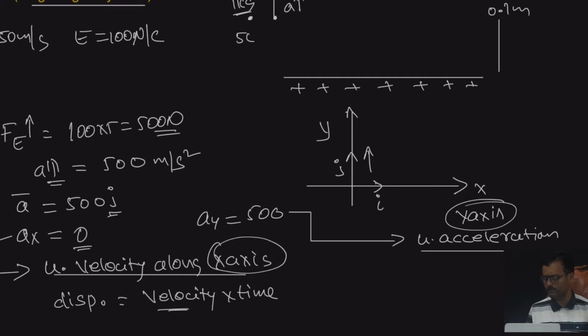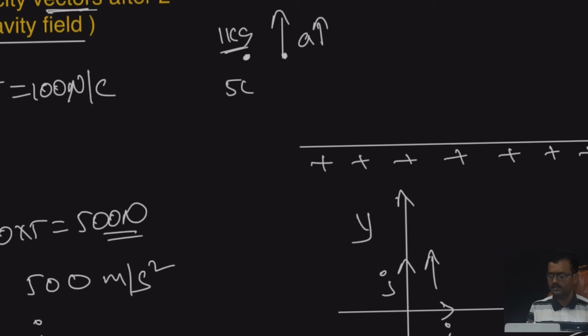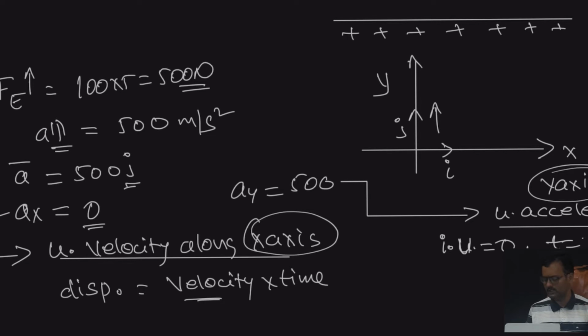Along the y-axis the body is moving with uniform acceleration. The body enters horizontally with velocity 50 meter per second, so it has no initial velocity along the y-axis, that is 0. So along the y-axis initial velocity is 0, and time is 2 seconds.